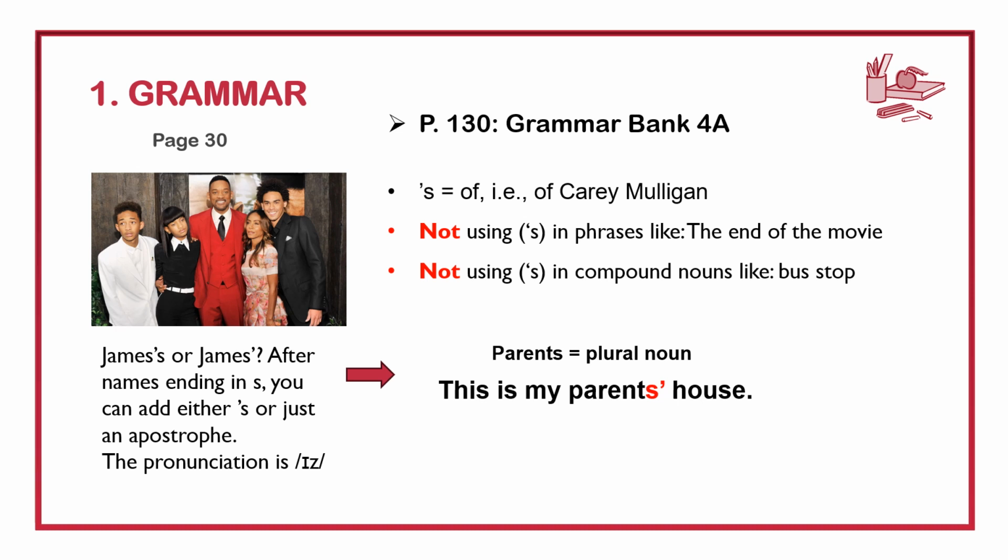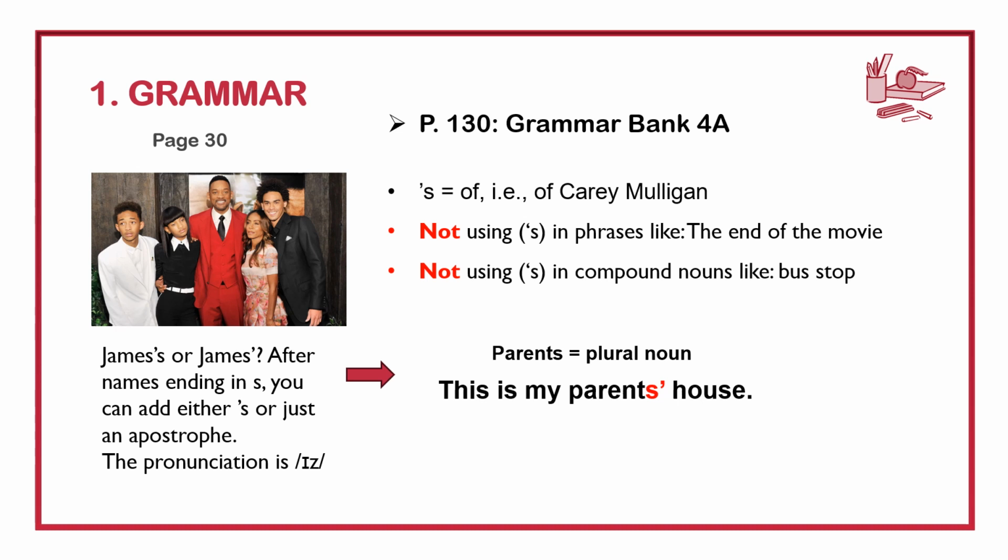For example, the class. We say the end of the class. We don't say the class's end. That's not normal. Or the city park. We don't say the city's park. In this case, we just say city park. It's just a word like that.